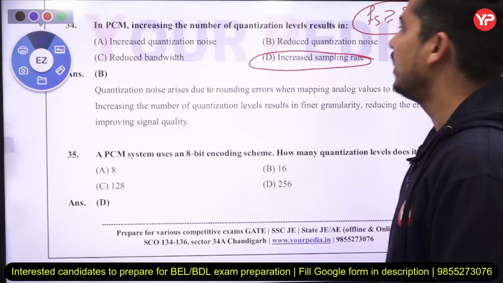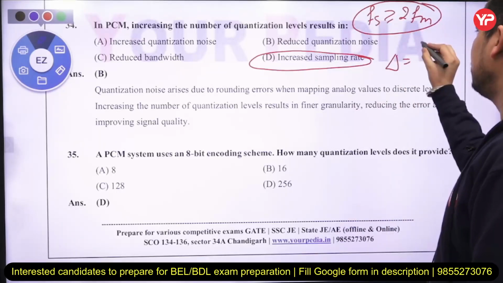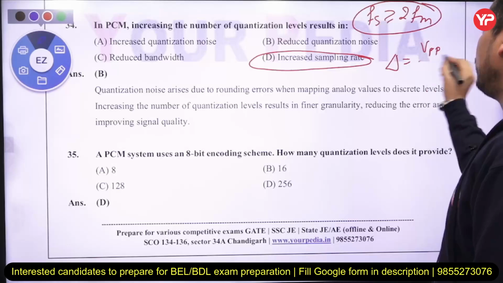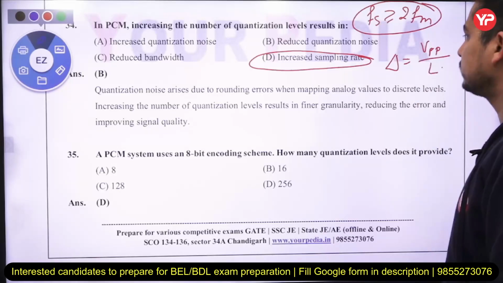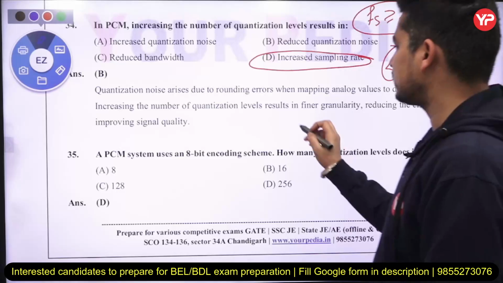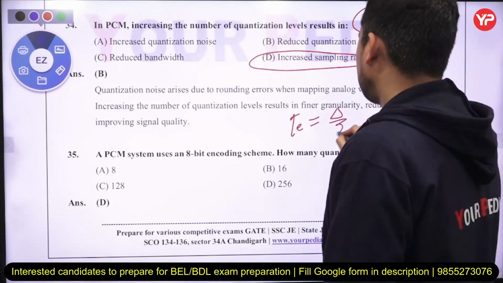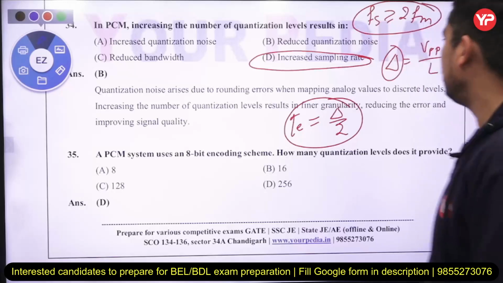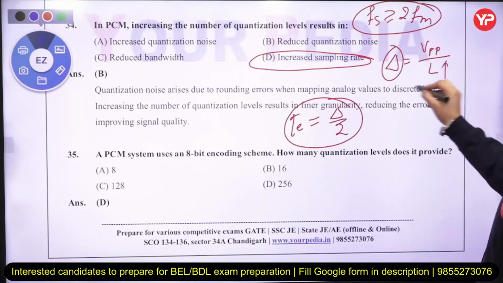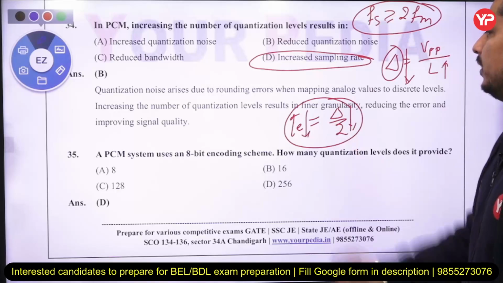Next, the step size is V peak to peak divided by the number of levels. The maximum quantization error is delta by 2. Remember that. So if I increase the number of levels, delta will decrease, which means your quantization error will decrease.